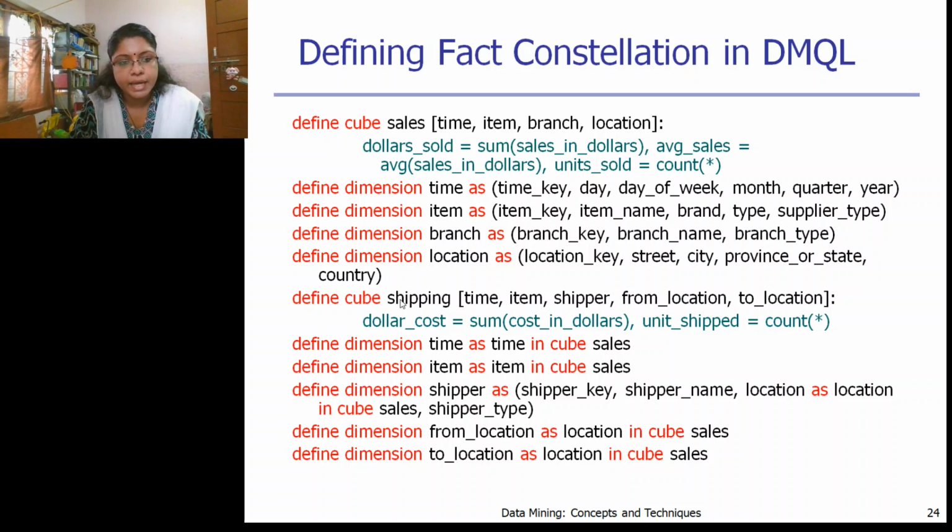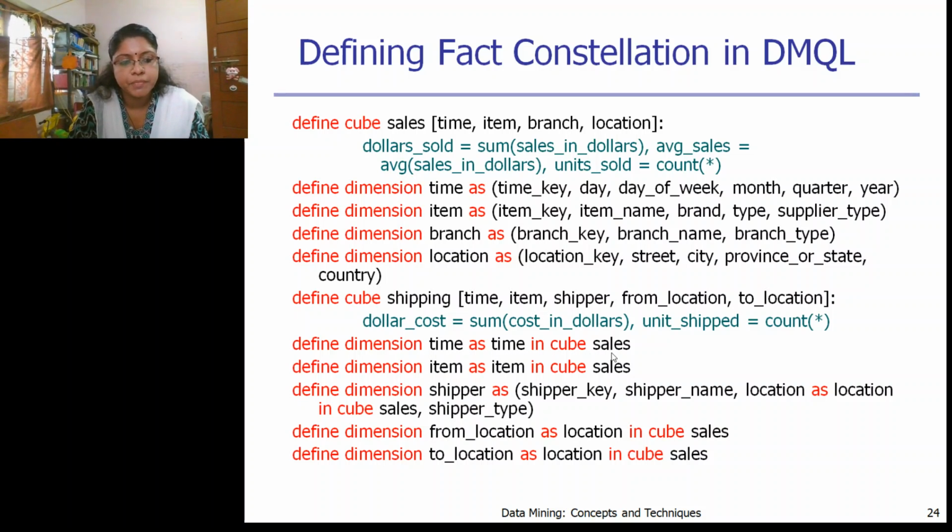Here again we are defining two fact tables. One is the sales fact table and another is the shipping fact table. The shipping fact table will again contain the item, time, shipper, from location, to location, and also the measures. When we are using a shared dimension, you can write it like this: define dimension time as time in cube sales.